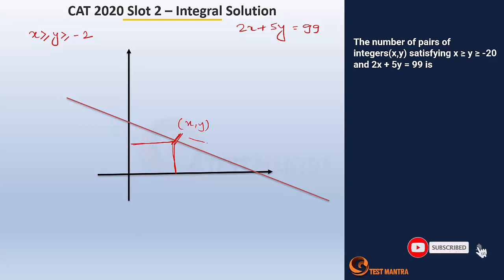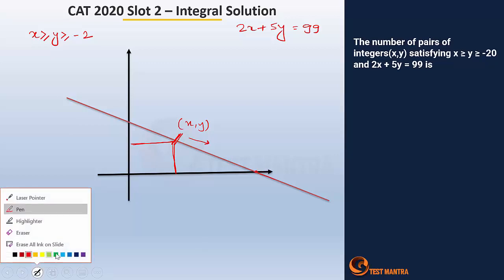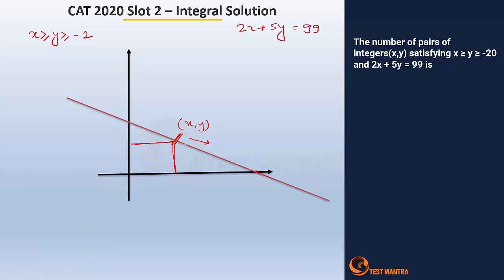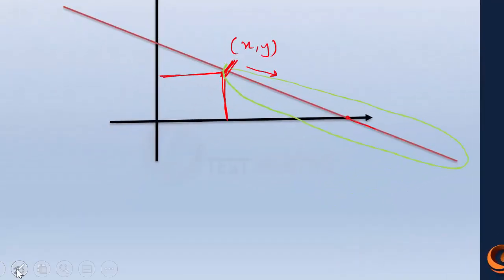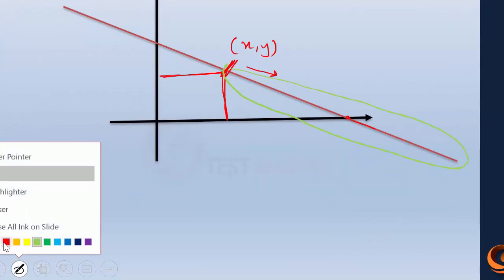So I want to concentrate on the values on this side, and definitely on the values towards this side. My basic analysis is I have to find out all the integral values at this point, right?